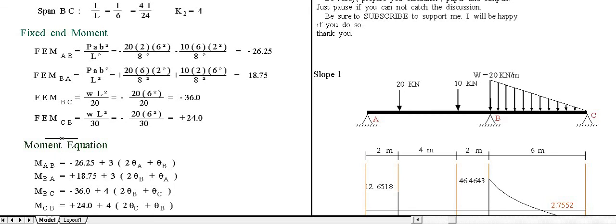Fixed end moment CB, WL square over 30: W is 20 again, times 6 square, only the denominator is 30, or plus 24. You will notice that the fixed end moments alternate: negative, positive, negative, positive.